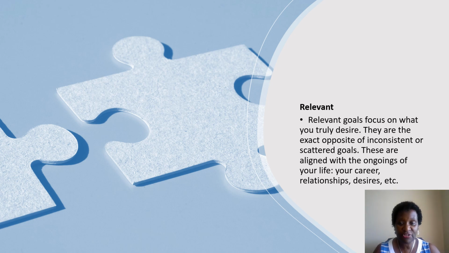No, a relevant goal means that you are truly honed in on what you desire, whether it's your career, a relationship, or your desires. It must be something that is relevant to you in order for you to be successful at planning that goal. This is why goals fail, because we don't take a look at them practically and make them relevant to us.